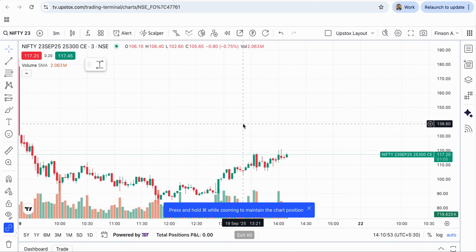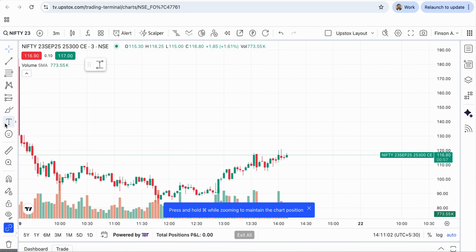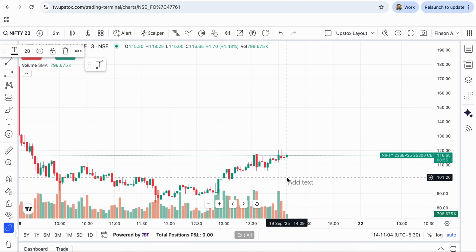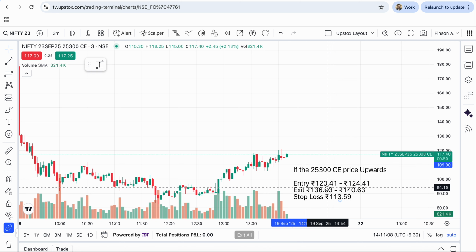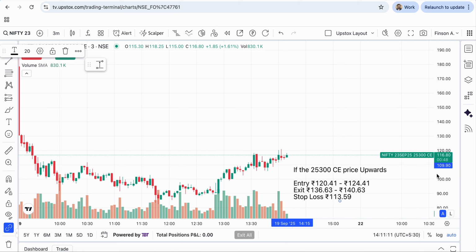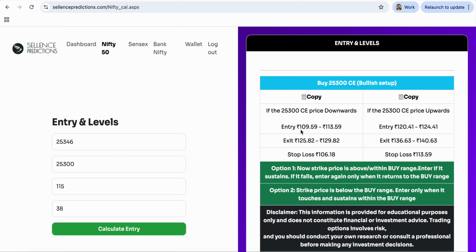Then we try to copy this, 120 to 124. Here we copy and paste 120 to 124. Now this is in the second option, 109 to 113.